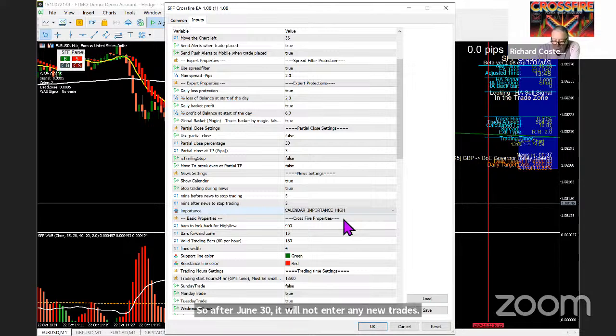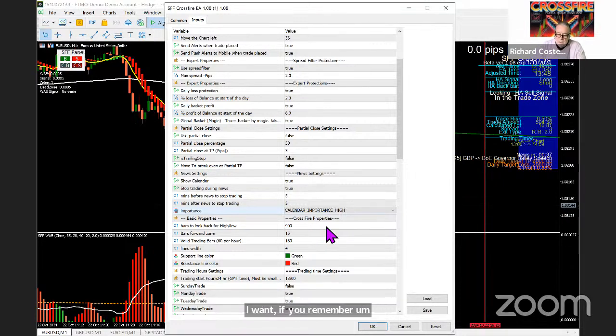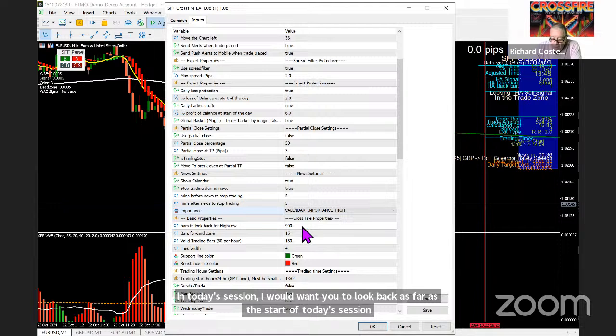These properties are particular to Crossfire, not to the other trading assistants. If you remember, when I was looking on the TradingView chart, I was saying if there were no higher or lower candles in today's session, I would want it to look back as far as the start of today's session, which happens to be 900 candles to the left.